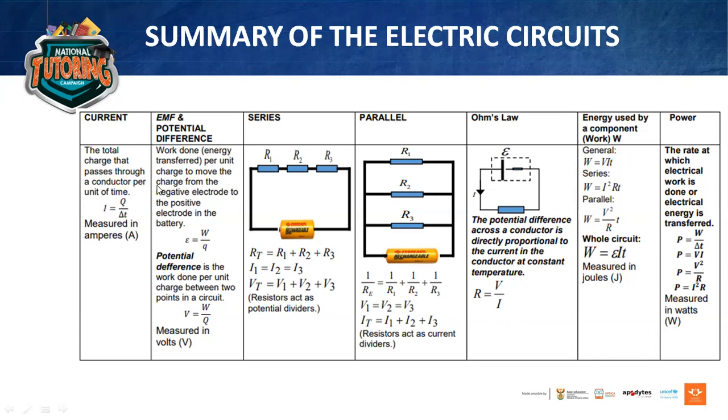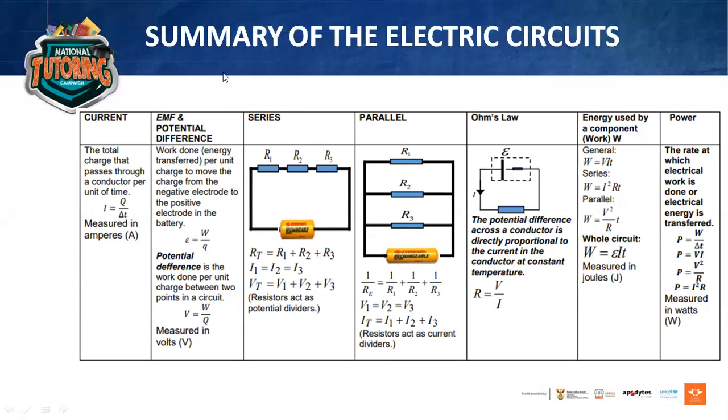You'll usually use this equation if they give you, for example, a charge and a change in time, at so and so seconds. So this is when you would likely be able to use this equation. It will be measured in amps, in amperes. And then the EMF or potential difference, in this case, guys, we're talking about the voltage.